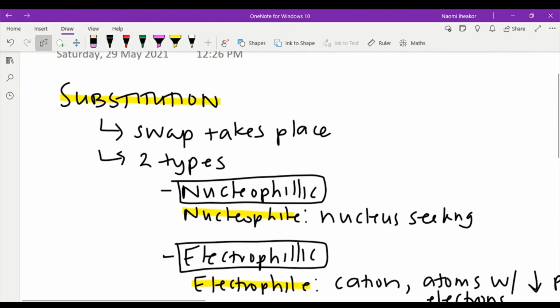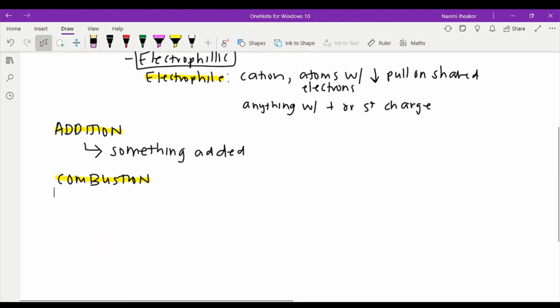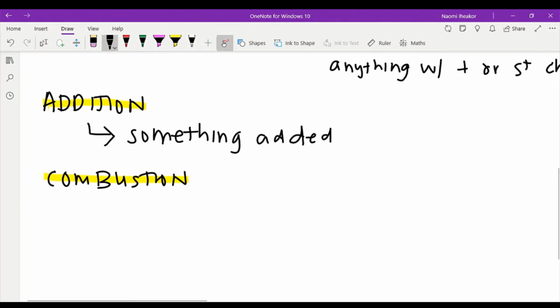The next type of reaction that we're going to have a look at are our combustion reactions. And combustion reactions are simply our reactions of burning. So colloquially, we refer to them as burning reactions, but more critically, combustion reactions involve the addition of oxygen.